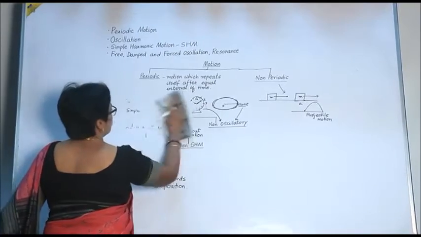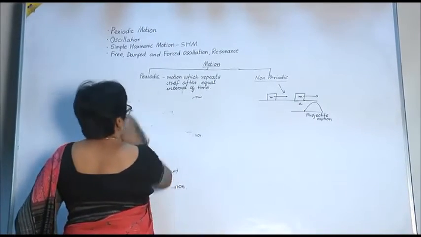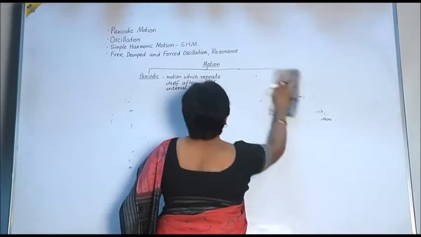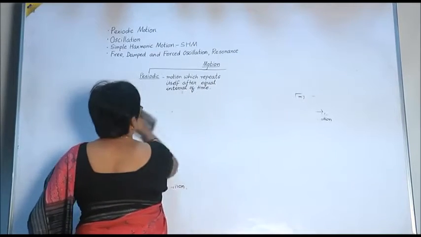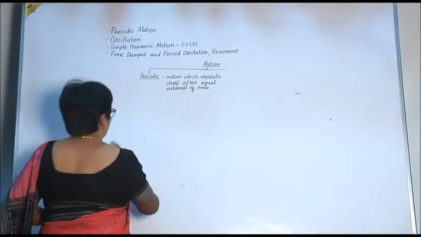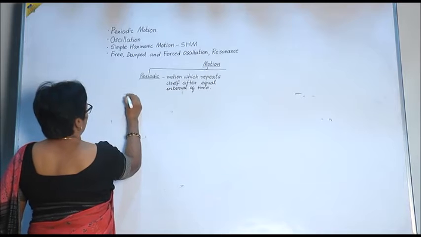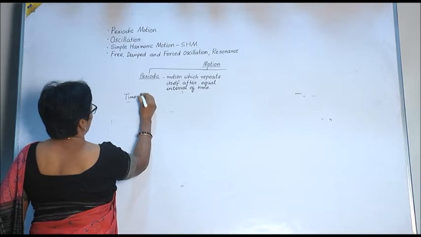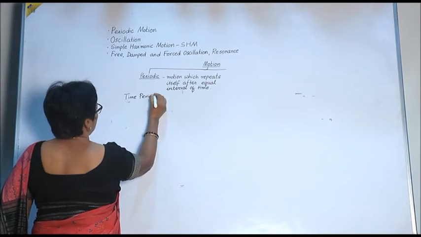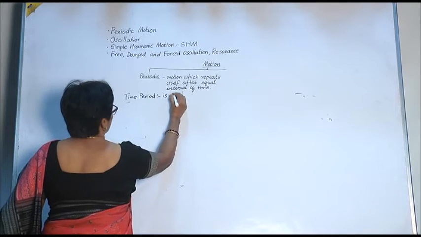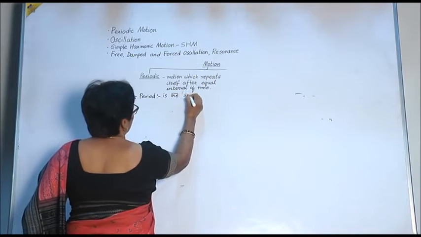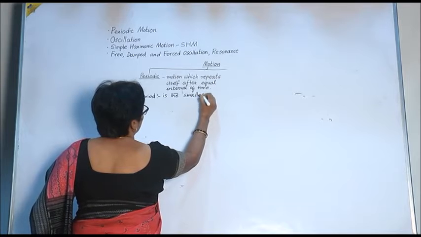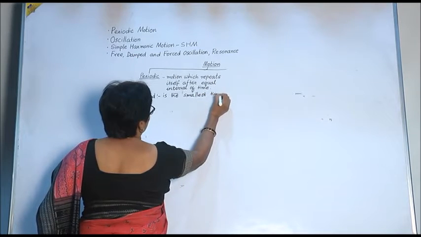So, periodic motion is one which repeats itself after a certain interval of time, and for this we can define a time period for a periodic motion. Time period is the smallest time after which the motion is repeated.